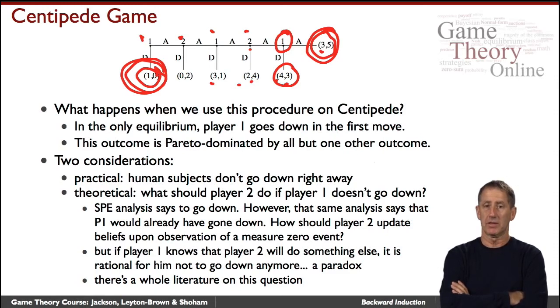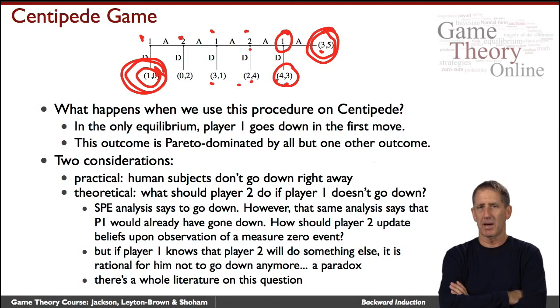Well, on the one hand, you could say the only subgame perfect equilibrium is to go down. They should go down because the backward induction argument tells them that the best thing for them is to go down. But that same argument told player 2 that player 1 would have gone down right off the bat. But they didn't. So maybe they won't go down again. But what will they do?